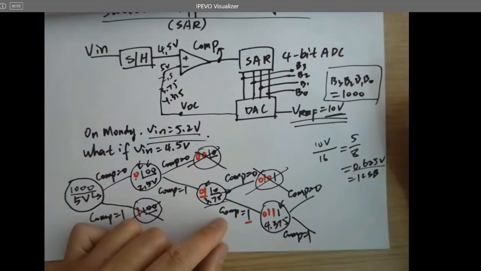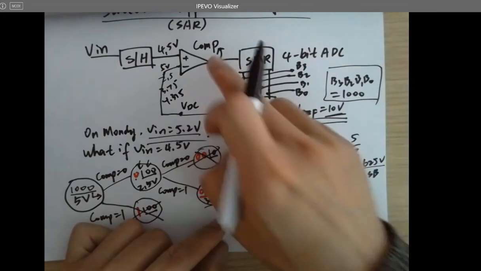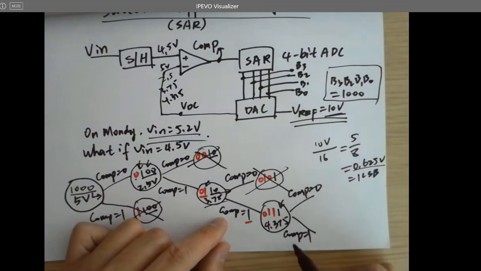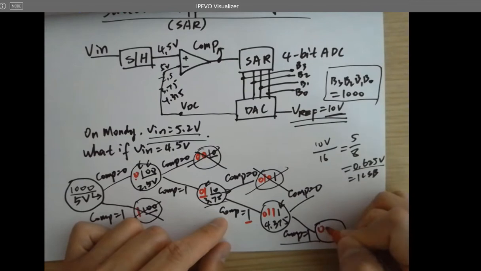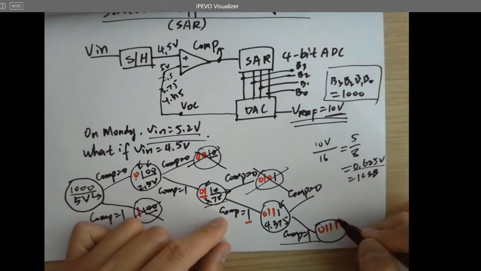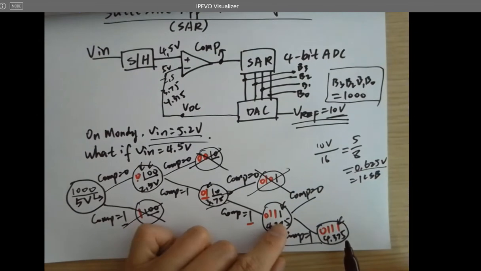What's going to happen? What's comp? 1. Right? Still 1. So in this case, what's going to happen is 0, 1, 1, 1. That's the most recent comp. So still 4.375. It's not changing at all for the last two states.